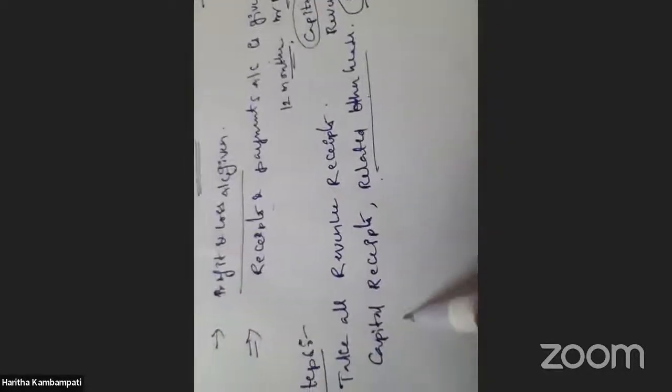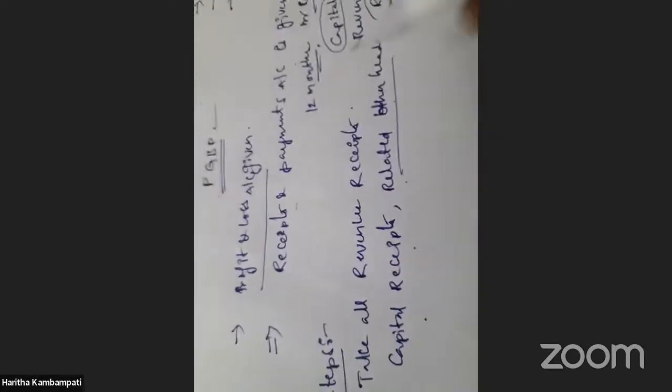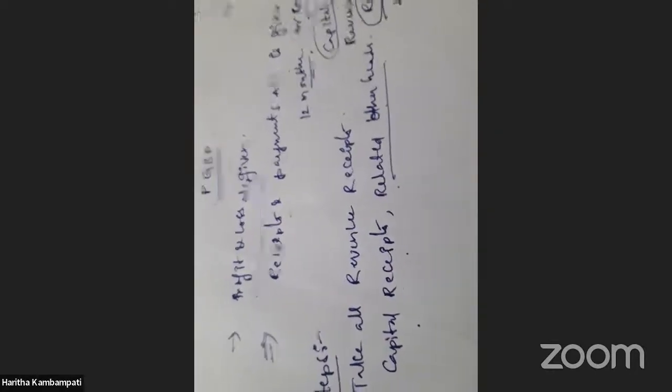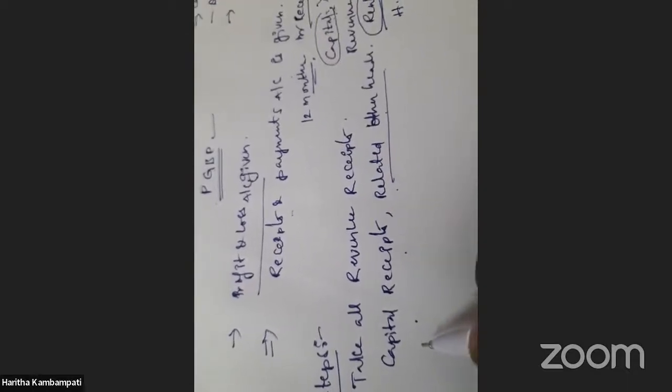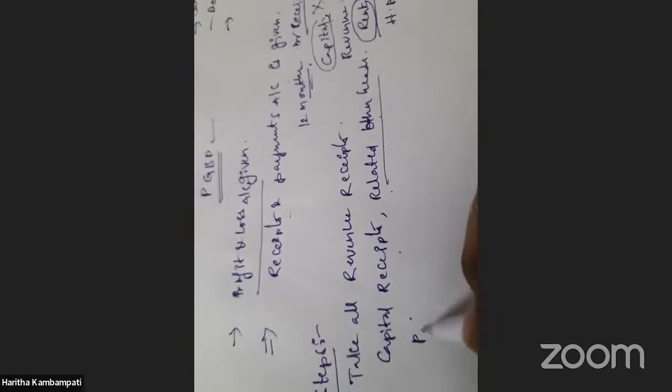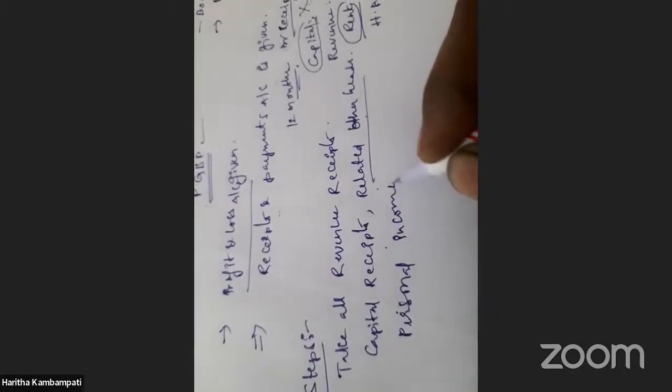So capital receipts, incomes which are related to other heads, and personal incomes should be ignored. As a part of preparation of the receipts and payments account, we will be writing capital receipts, income from other heads, personal incomes, and revenue receipts.